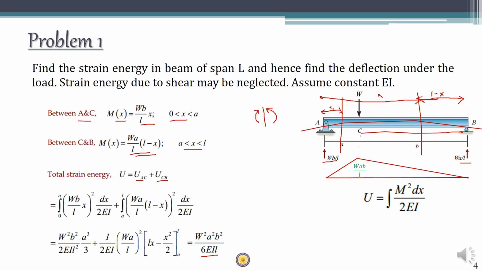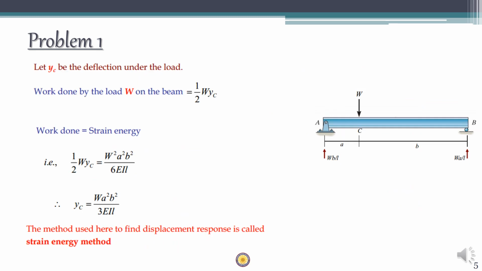Now we also have the question to find out what is the deflection. So this strain energy is actually the energy stored in the beam. So what is the work done on the beam? So we have only the load W, and the beam as a whole deflects something like this, right?